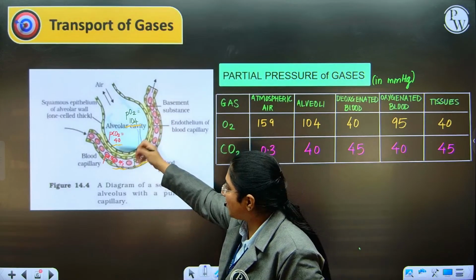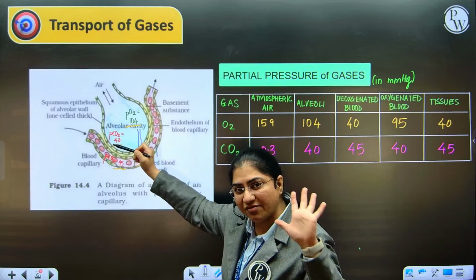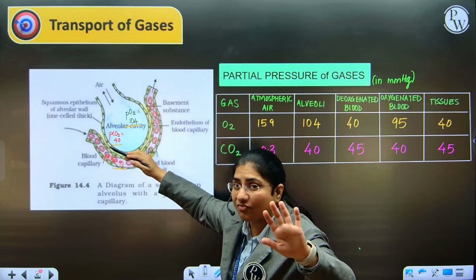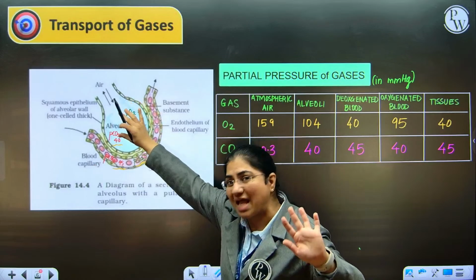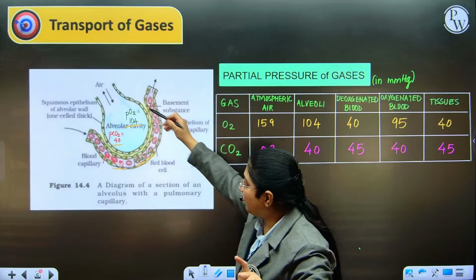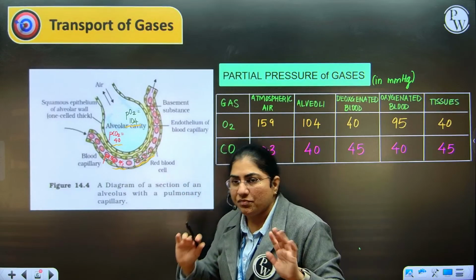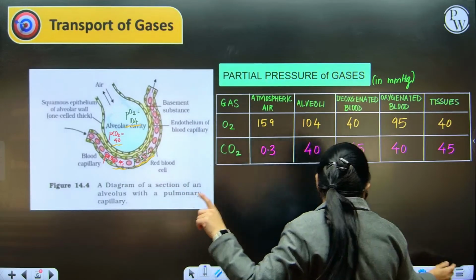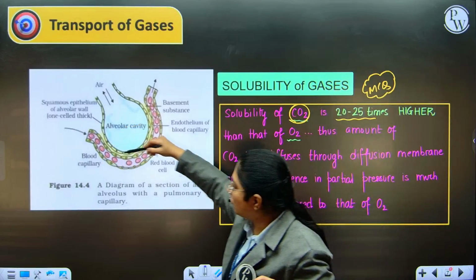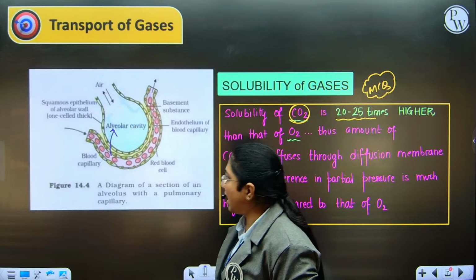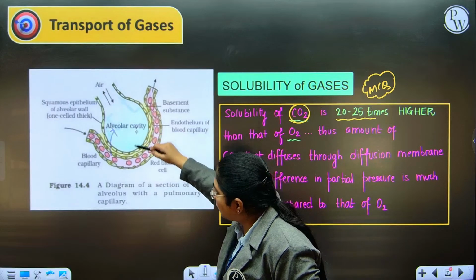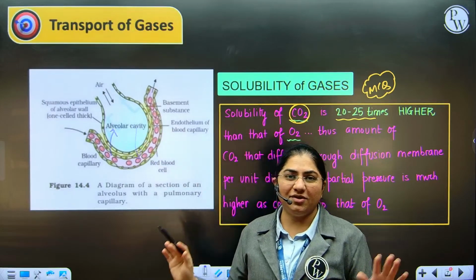Hence, for carbon dioxide, even just 5 mm of Hg is enough for the amount of CO2 to diffuse out of the blood. But for oxygen, it will require a greater difference. Are you understanding? So again, the solubility of gases favors the movement of CO2 out from the blood into the alveolar air and the movement of oxygen into the blood.